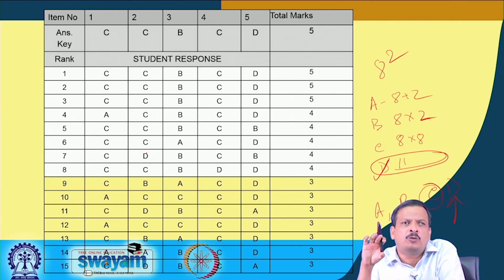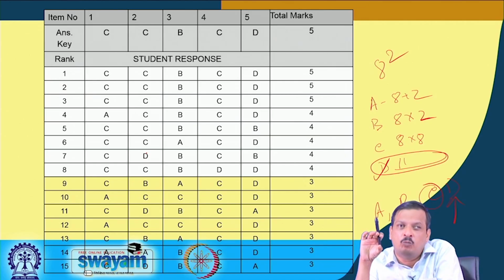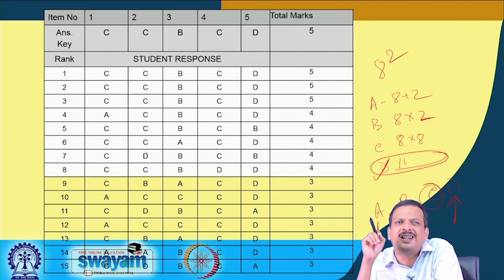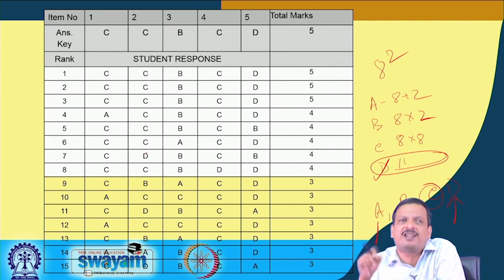So, if I want to find the formula for the distraction capability of a distractor, that means the effectiveness of the distractor, objectively, what should I do?